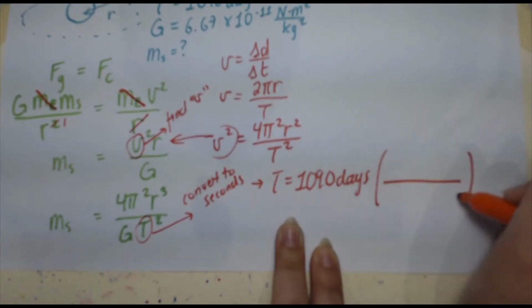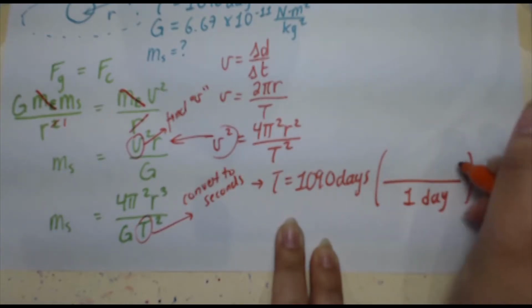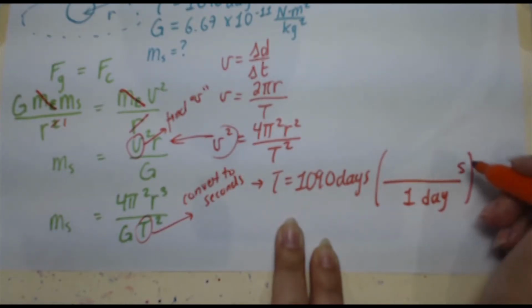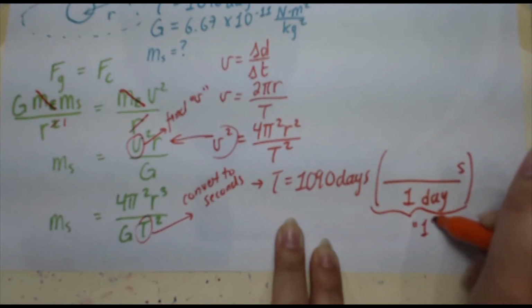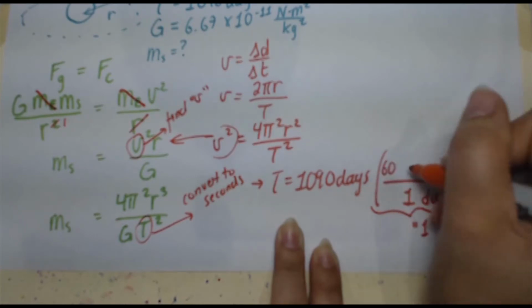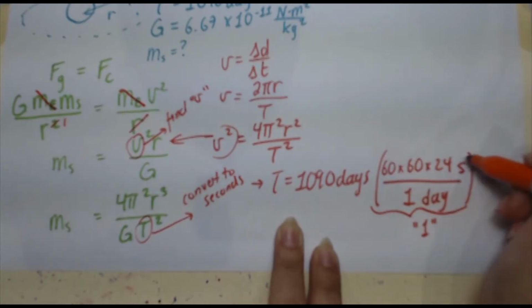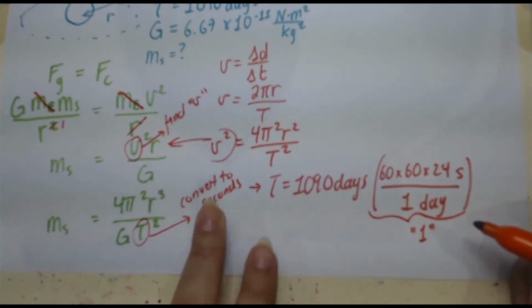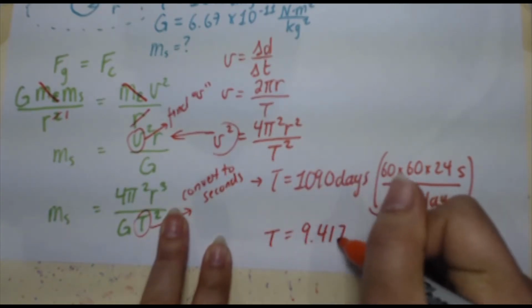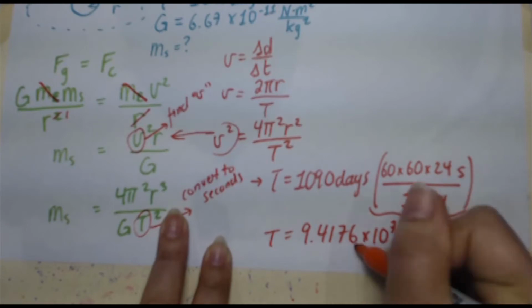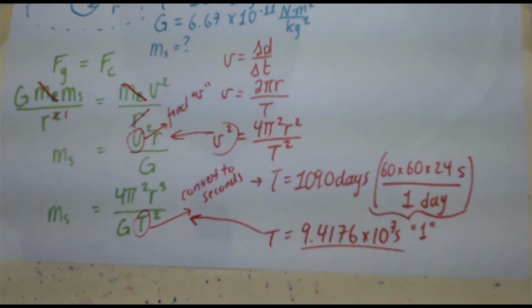On the bottom you put the unit you're trying to get rid of, which is 1 day, and on top the unit you're trying to get, seconds. There are 60 seconds in a minute, 60 minutes in an hour, and 24 hours in 1 day. When you crank that out, T is equal to 9.4176 times 10 to the 7 seconds. I can plug that right back in, but don't forget that it has to get squared.